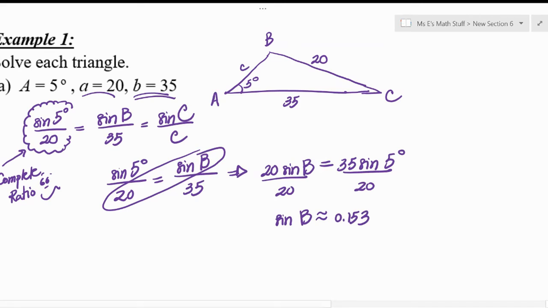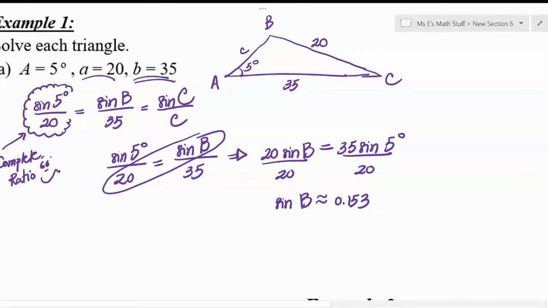Now, because I'm probably going to use this for my next calculation, I'm going to leave the non-rounded version on my calculator. And then I'm going to solve for B by taking the arc sine of both sides. Let me show that step for anybody that's unfamiliar. You're going to take the arc sine to undo sine, since after all, that's what it was made for. Then you take the arc sine of that 0.153.